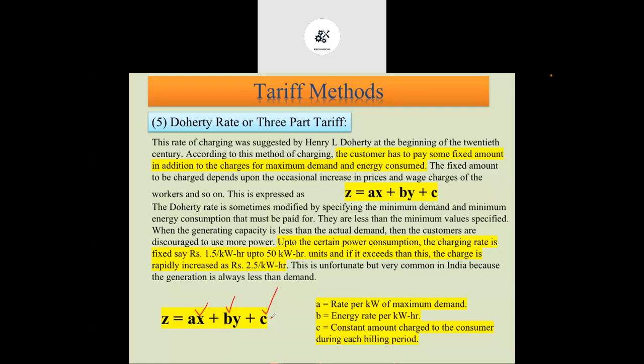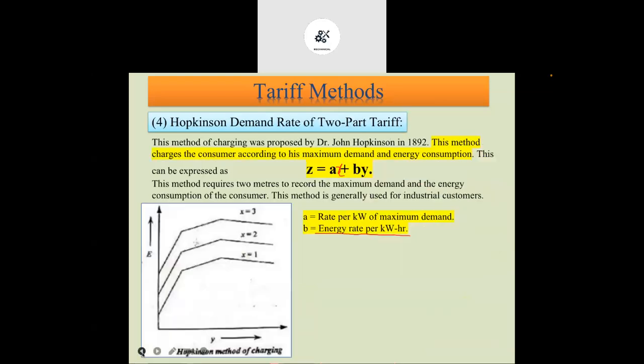In that case, they will give you all the rates: the maximum demand rate, the energy rate, and also the constant amount that should be charged. So in that case, you have to add this constant amount. Whenever they ask to use Doherty rate or three-part tariff, we have to use this particular equation.